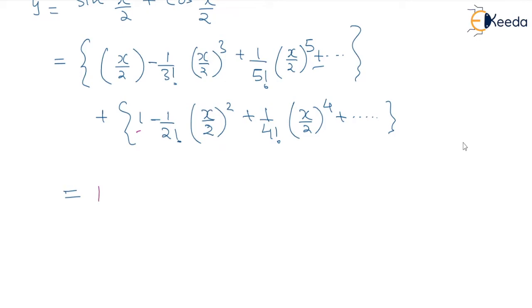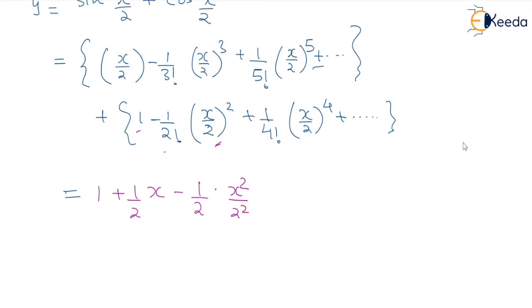Next is x. Yes, we have x power, which is 1 by 2 simply, so this will be 1 by 2 x. Yes, we have x square term, so this is minus 1 by 2 factorial and 2 square, so I'll write minus 1 by 2 into x square by 2 square. Let's write it as 2 square only.